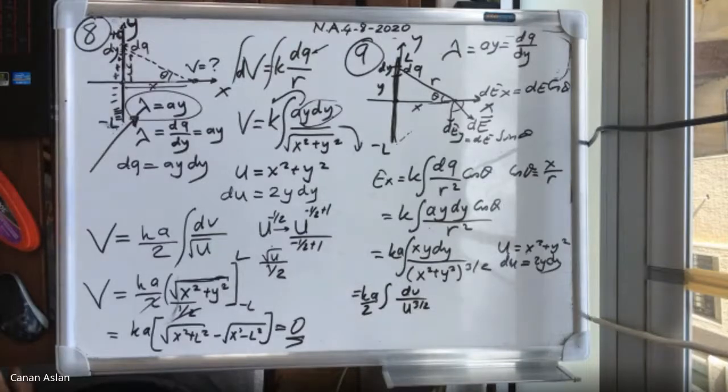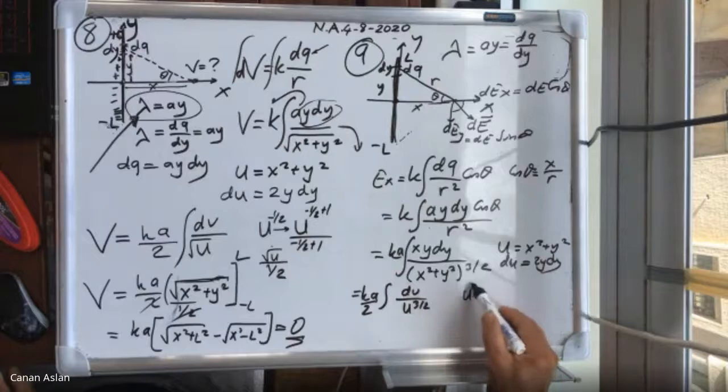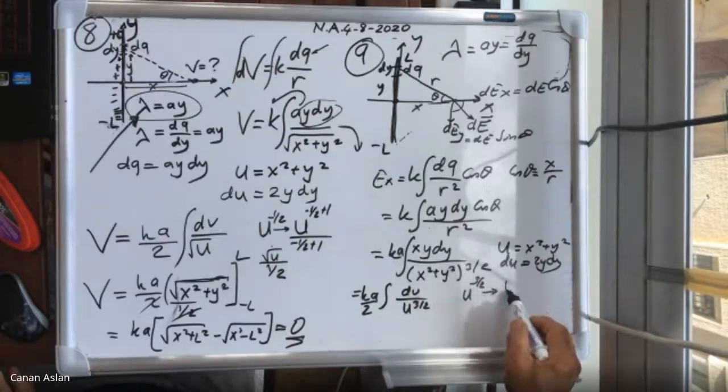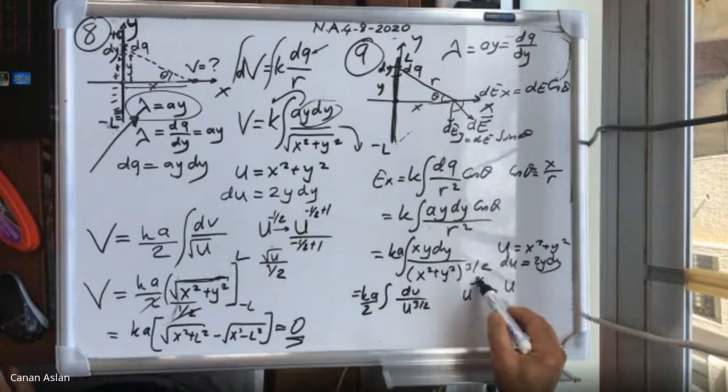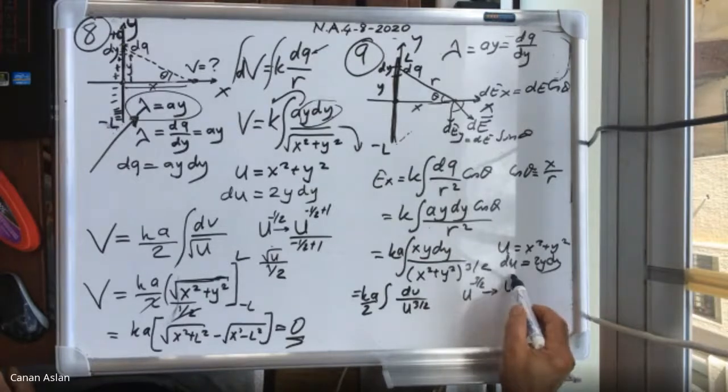So it's u to the 3/2 in the denominator. Since it is u to the minus 3 over 2, the integral is you add 1 to this exponent, so minus 3 over 2 plus 1, everything divided by minus 3 over 2 plus 1.